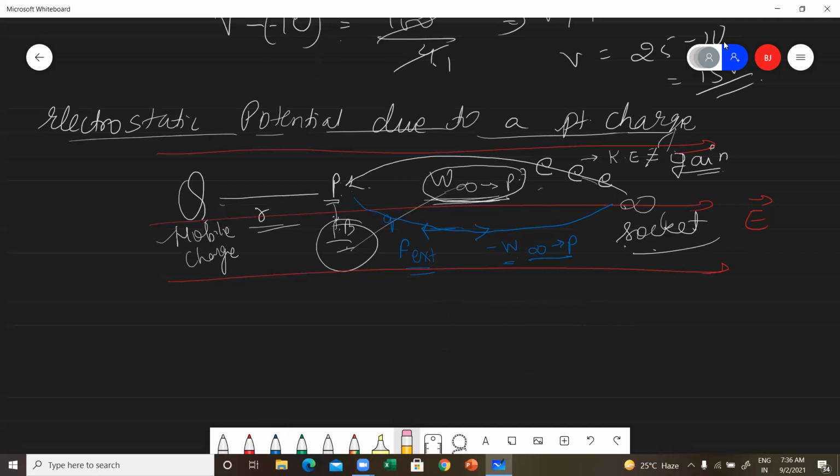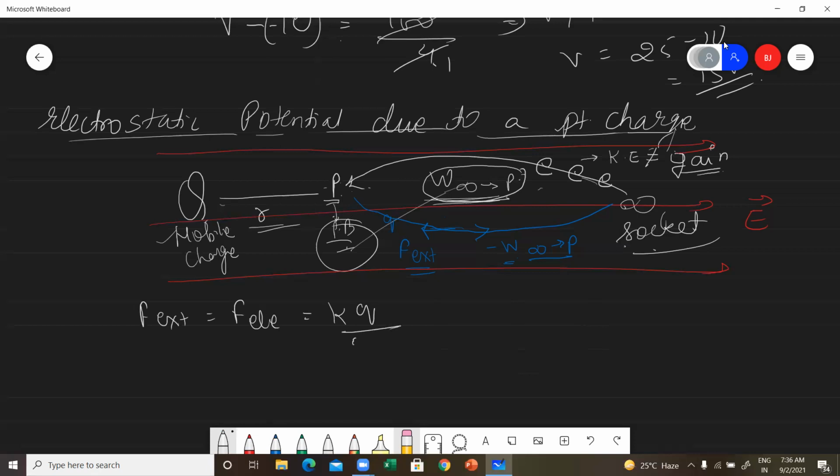Now this external force is equal to what? My Coulomb's force, because this is an electric field. So F external is equal to my F electrical, which equals K Q upon R square.